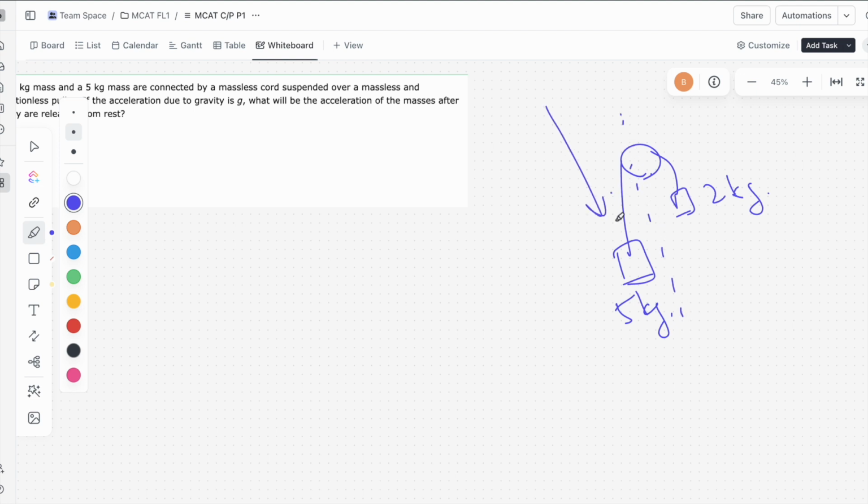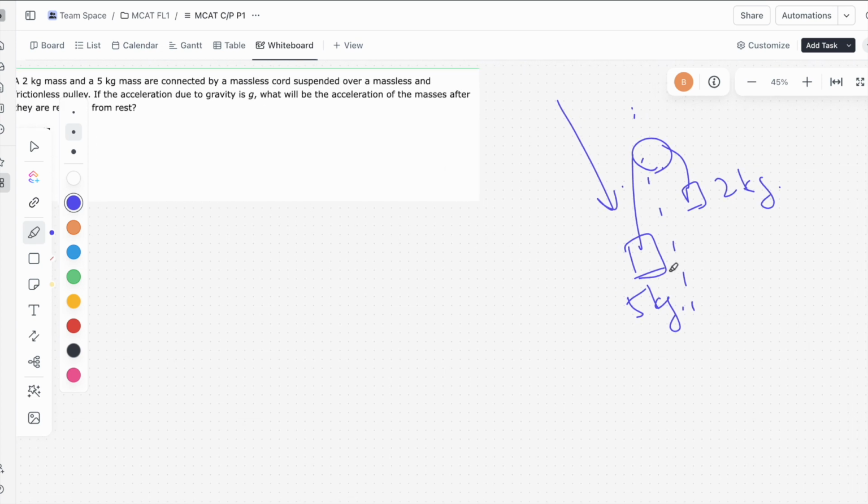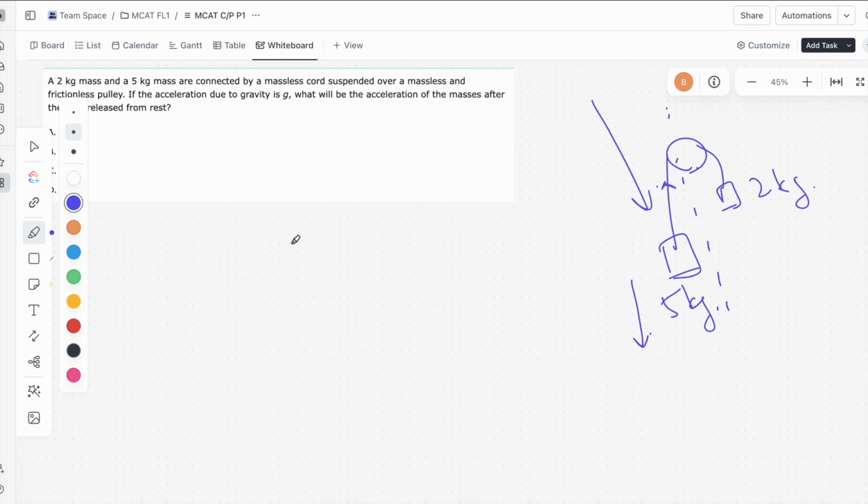Okay, let's focus on the 5 kilogram side first. So just by intuition, we know the 5 kilogram side is going to be the one that falls down, and the 2 kilogram side is going to be the one that comes up. And so what does that mean? Well, let's look at what forces are acting on the 5 kilogram block. You have the force of gravity, and then you have the force of tension from the rope that's pulling it up. So what does that mean? The force of gravity is going to be 5g, right? So force of gravity is equal to mg, where m we know is 5 kilograms.